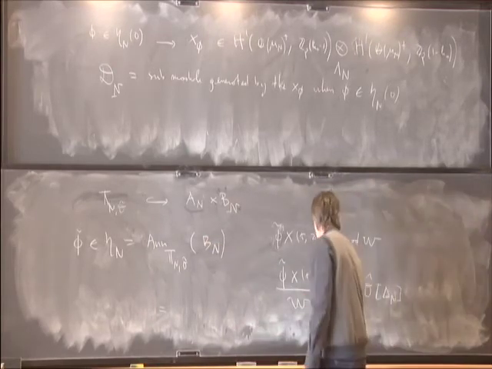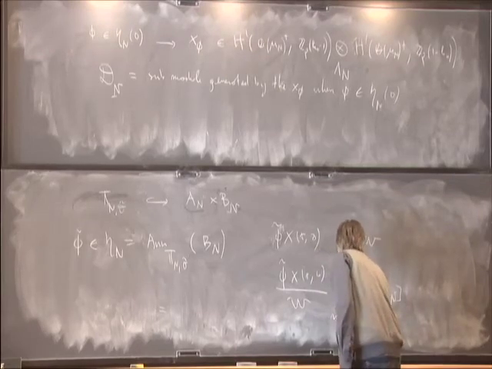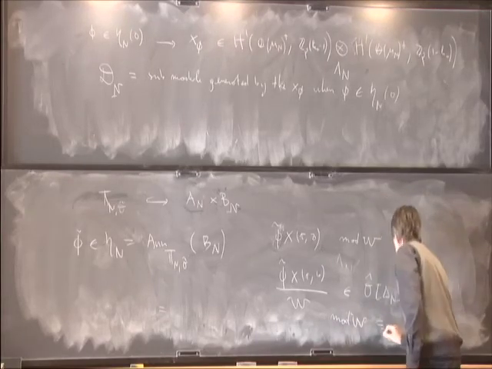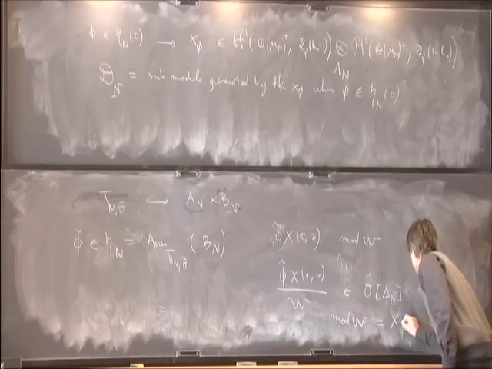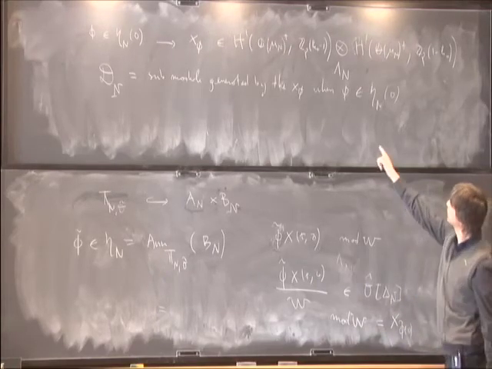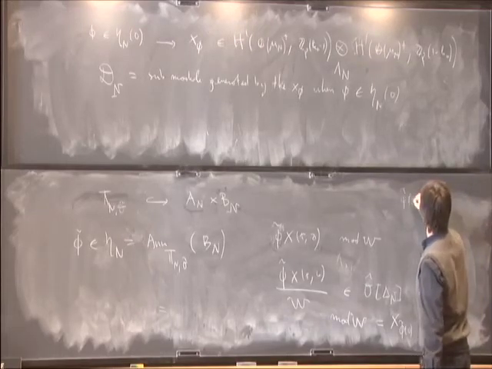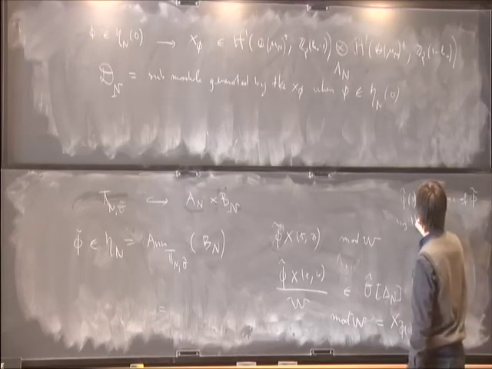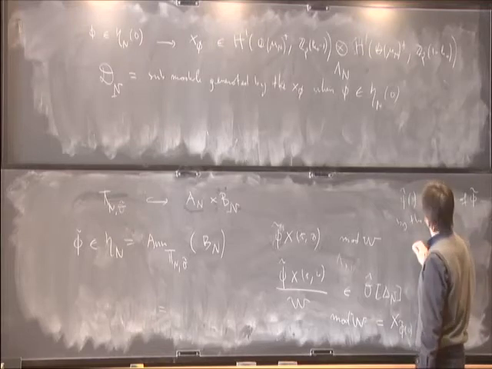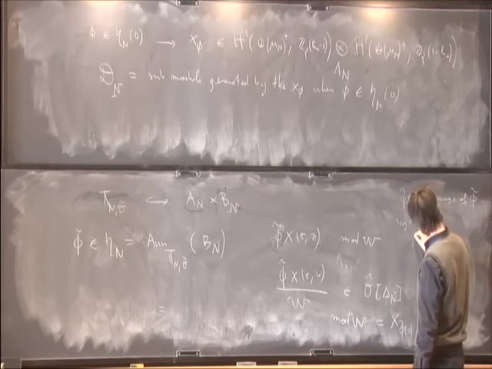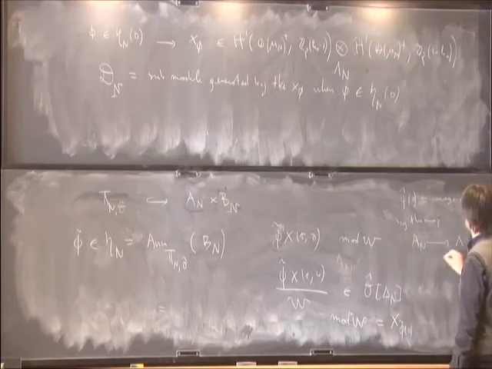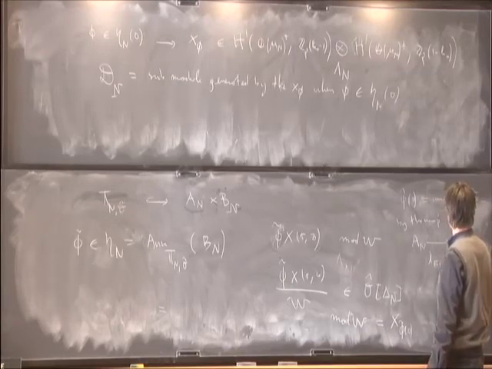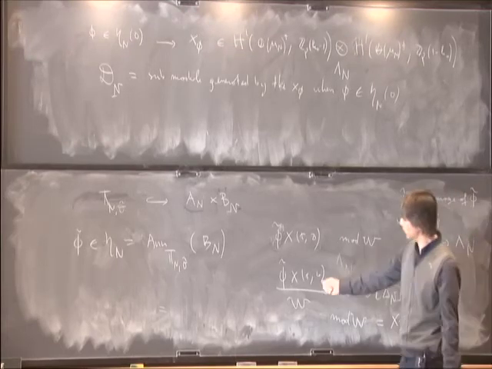And you look at this element modulo W. Then I'm claiming that this element is equal to the x phi tilde naught that I have constructed before, where phi tilde naught is the image of phi tilde by the map. So that's another way to construct this element.